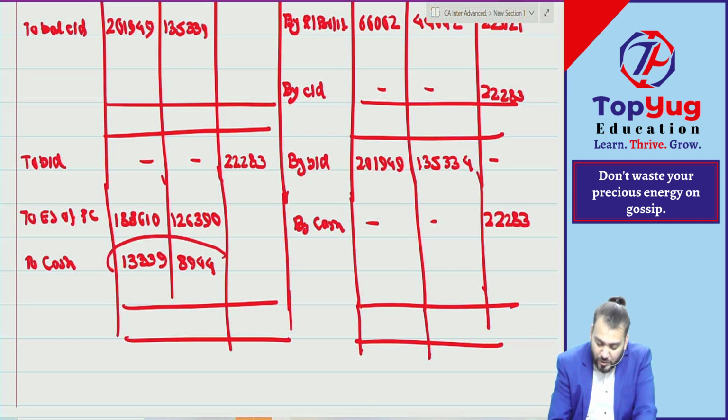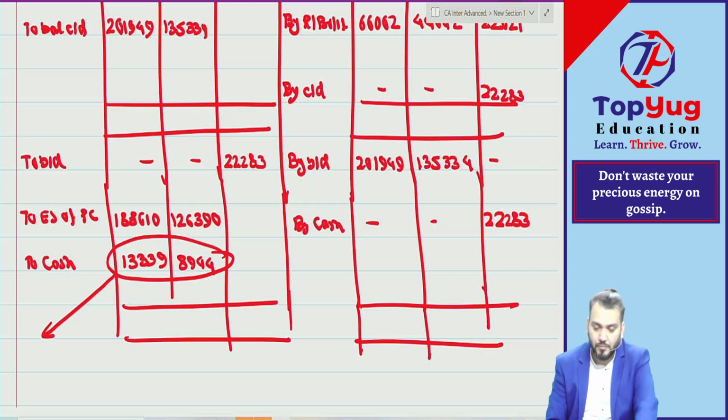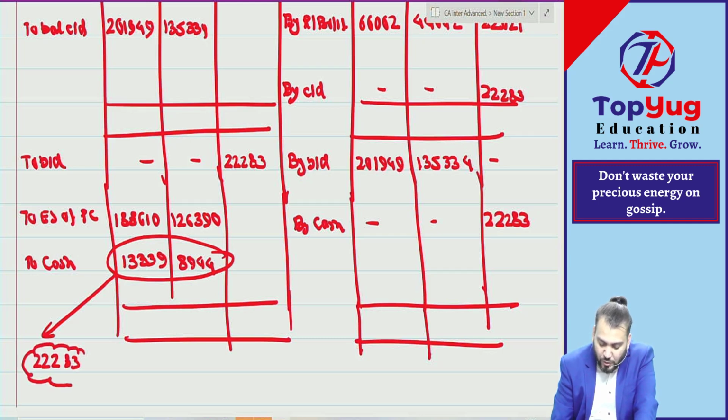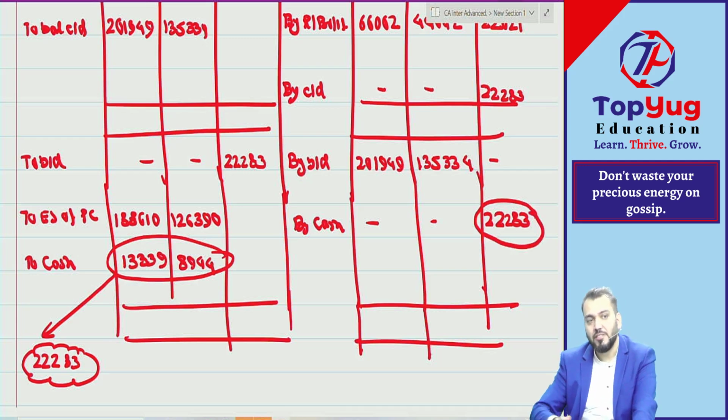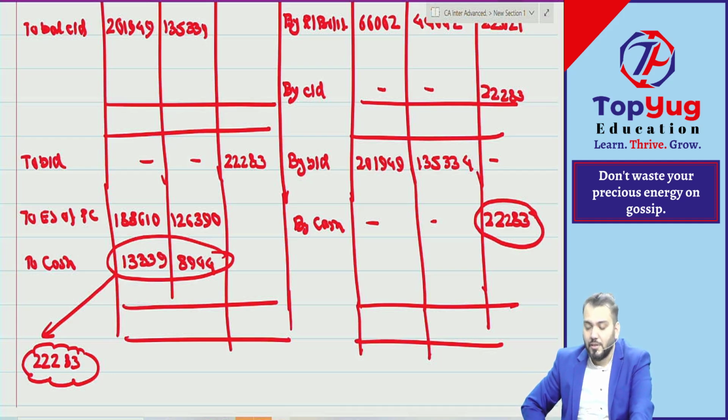What is the total of these two? Check it. And how much cash was brought by Neeraj? And the sum was distributed to whom? Neera and Neha. Understood?